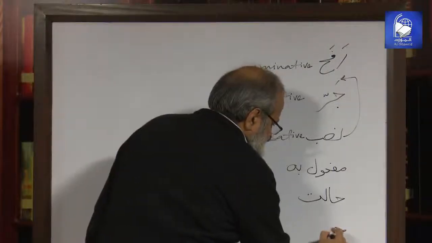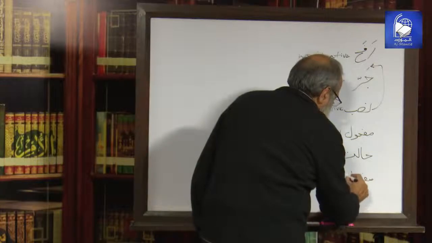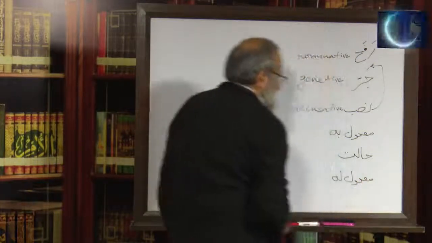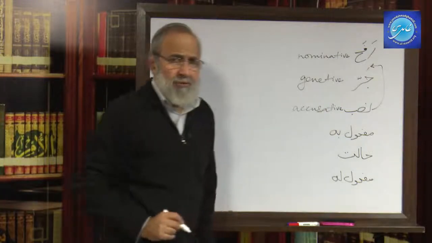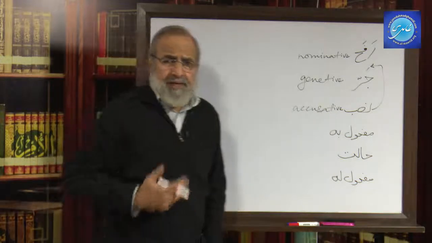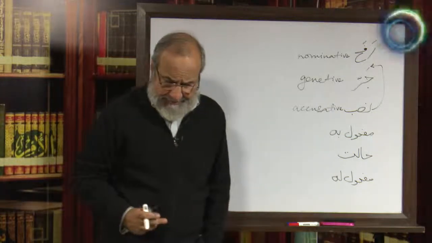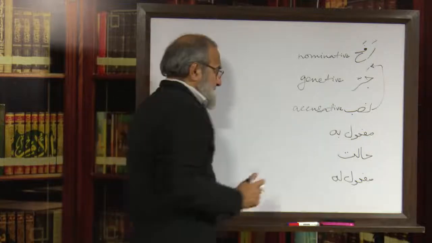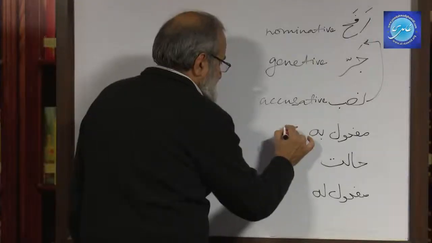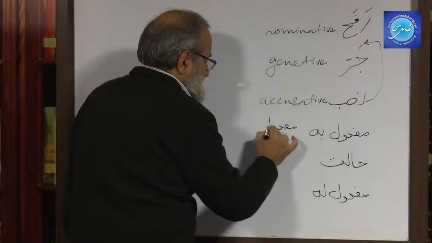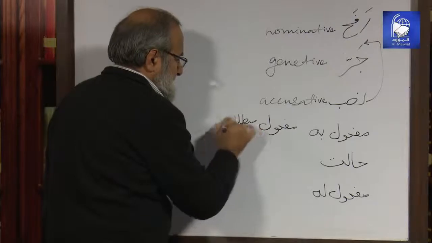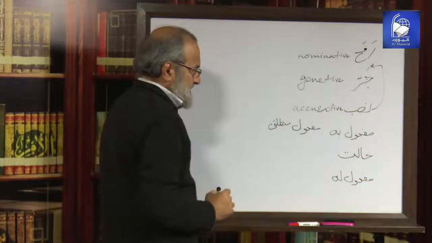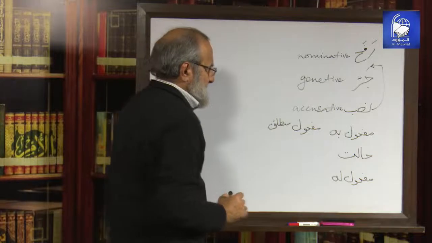There was a third reason, maf'ul lahu, the reason why a certain noun takes the form of nasab, and we discussed the examples of it. There was another peculiar style of presentation in Arabic, maf'ul mutlaq, which also is the nasab form.